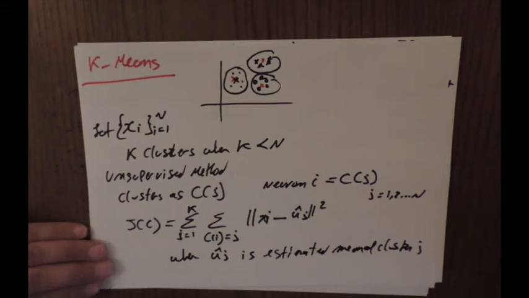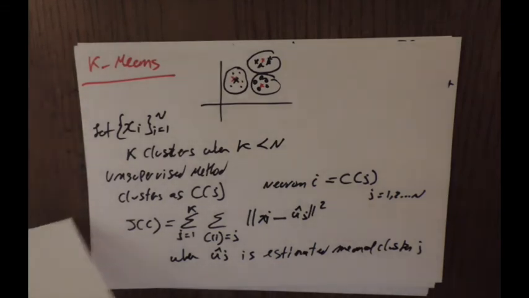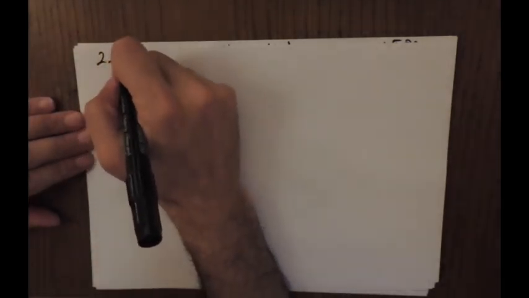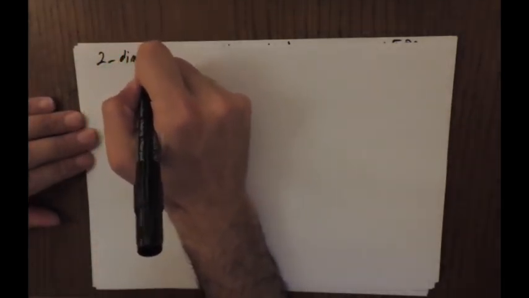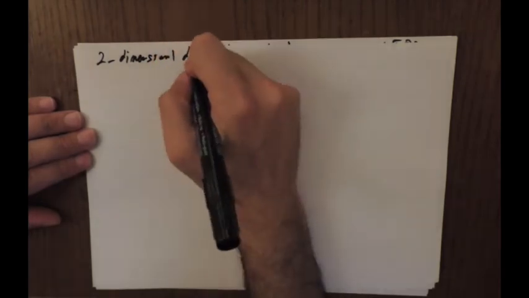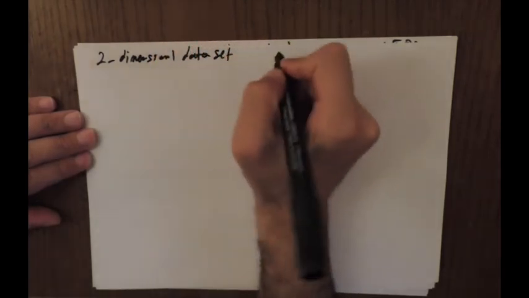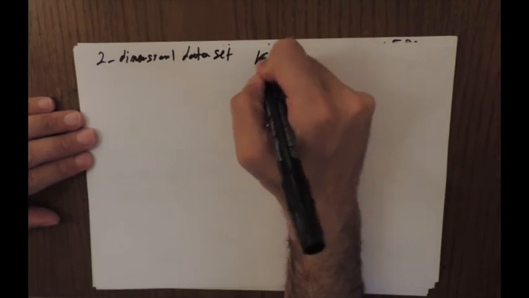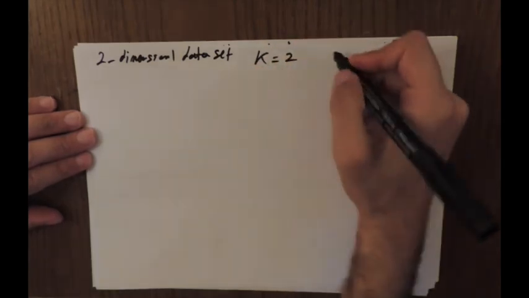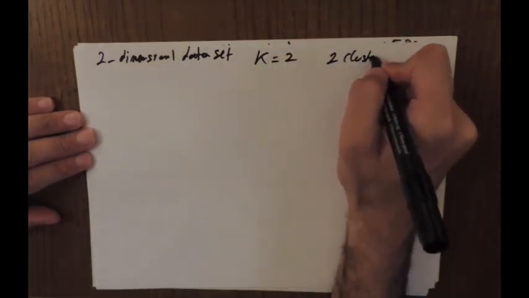So to take a numerical example, let's show the following. Assume you have a two-dimensional data set, and we want k equal 2, so we need 2 clusters only.